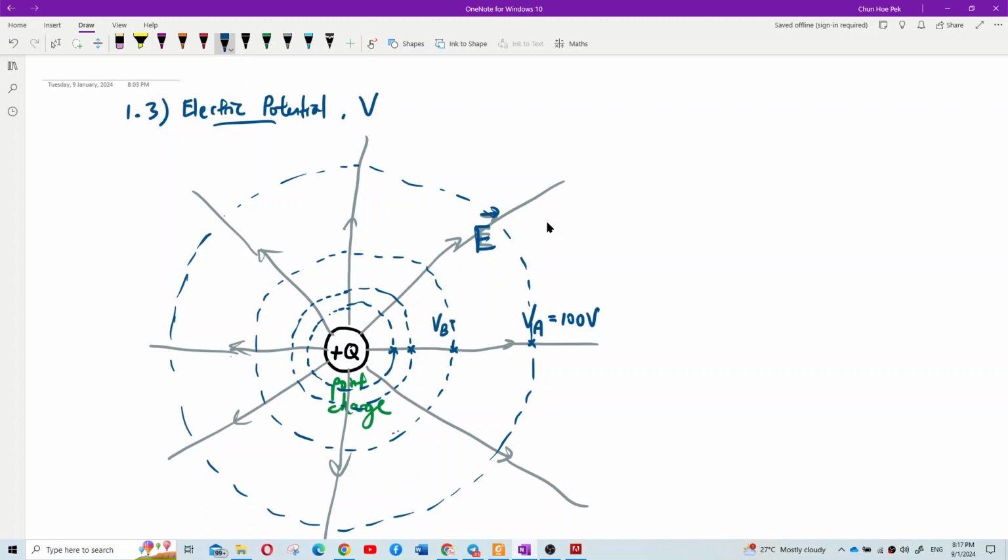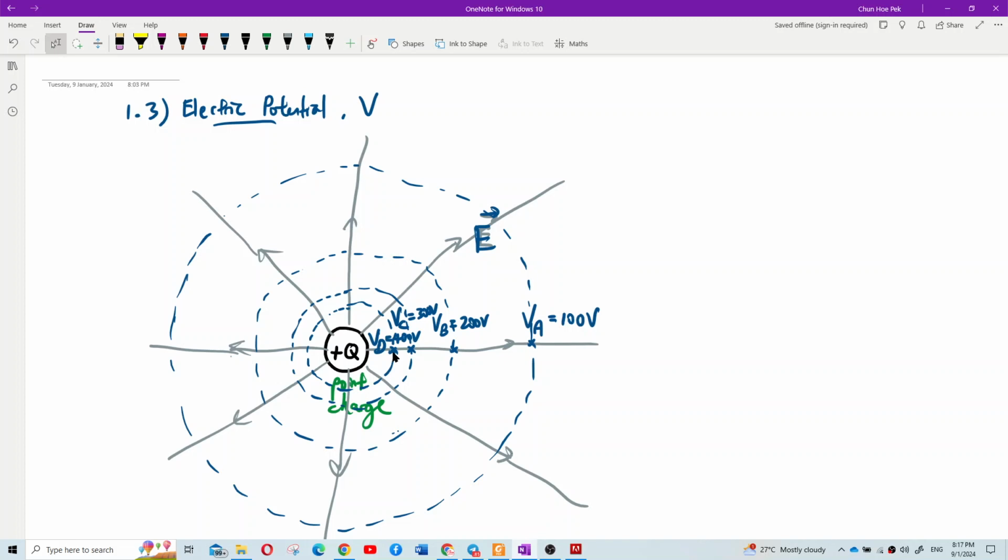Potential at B is 200 volt. Nearer, you have point C. This one is 300 volt. And then point D. Point D we put as 400 volt.